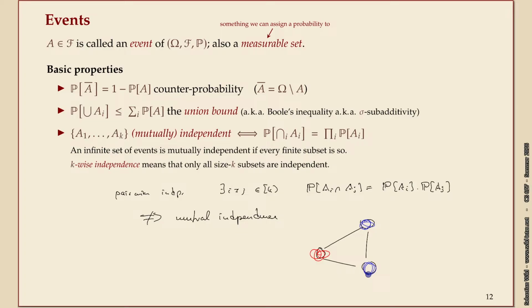So the events here would be A1, A2, A3. Ai is: edge i has two colors at its endpoints.